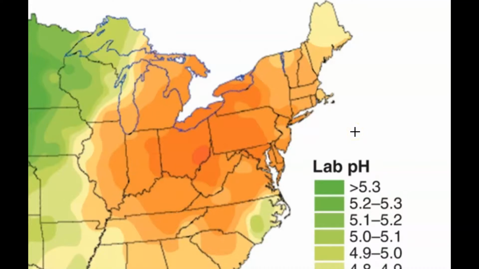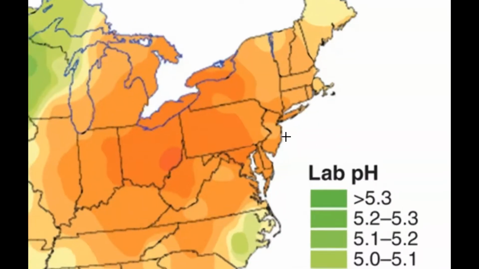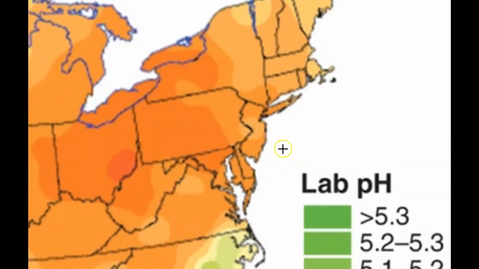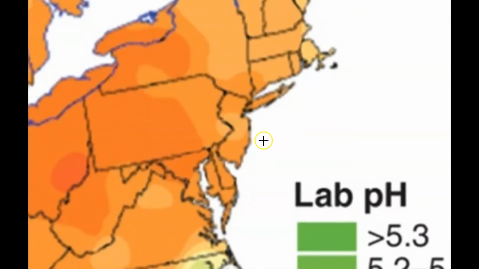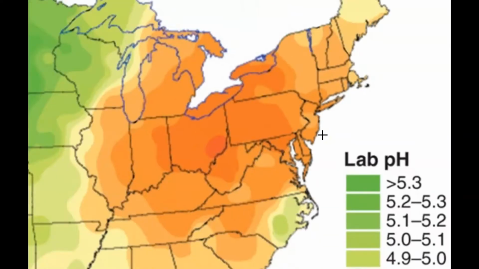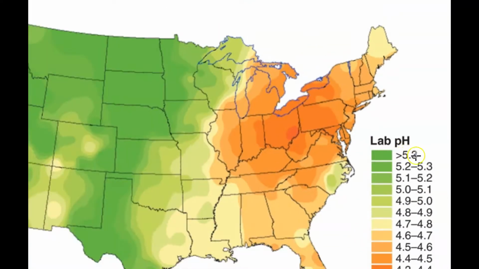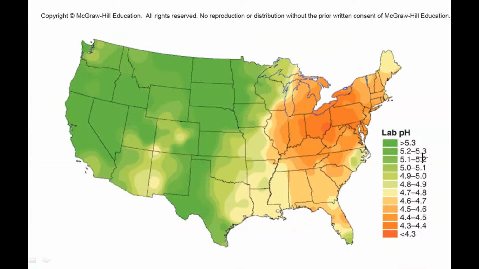So if you are thinking about the pH of rainwater in New Jersey, it is definitely in the acidic range here, right? If we look at the color code over here, I would say that it's somewhere around 4.3, 4.4.